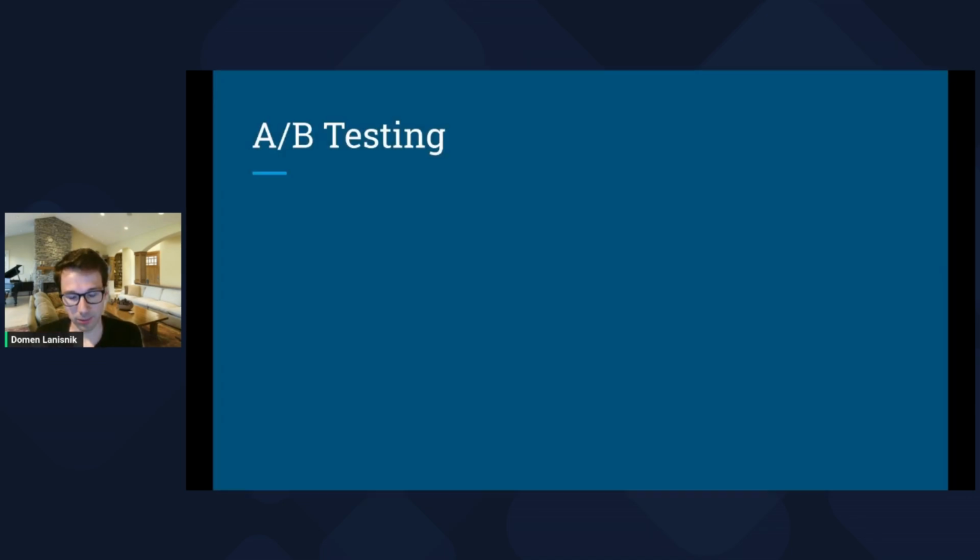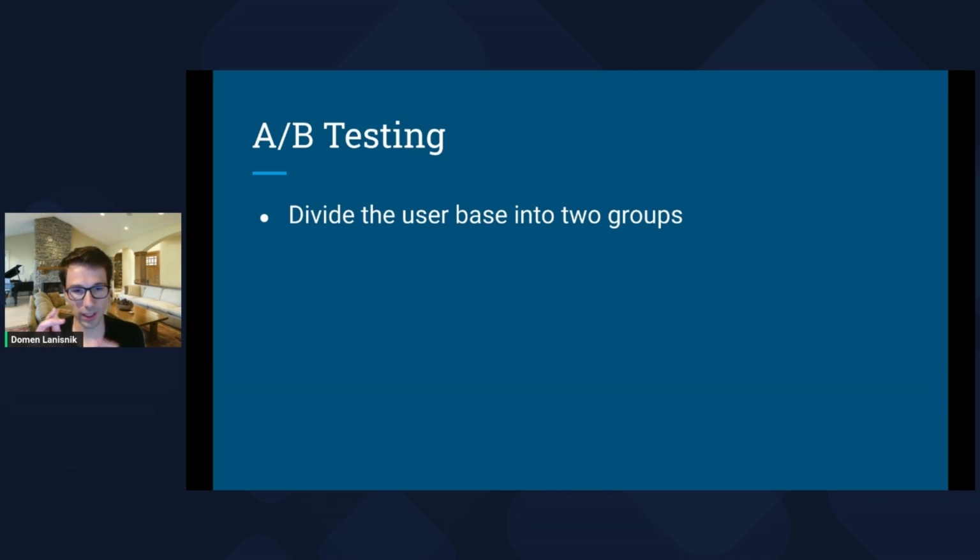And as we mentioned before, feature flags enable you to experiment with A/B testing. What this does is you can divide the user base into multiple groups. The most simple one is two groups, and one group gets one configuration, and the other group gets the second configuration.